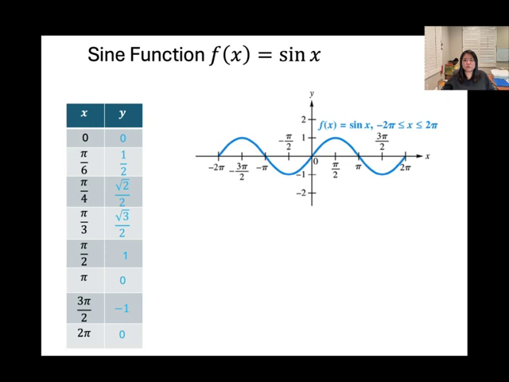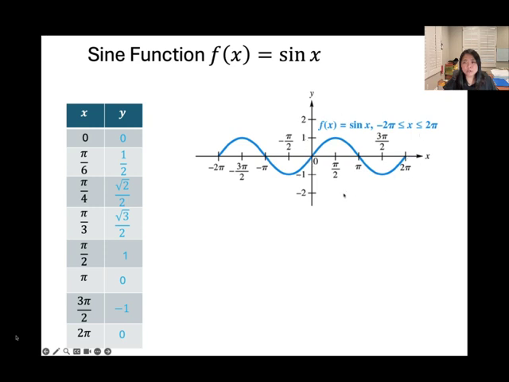You should have a graph like this. Okay, 0, 0. And then pi over 6, 30 degrees, is about 1/2, half of it. And then 45 degrees, so somewhere like here. And you're going to see the graph is a smooth curve.